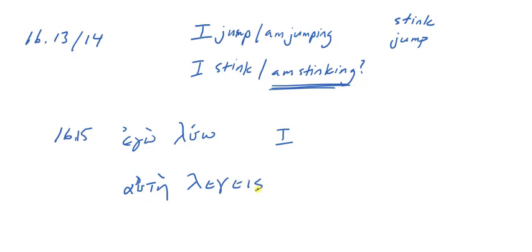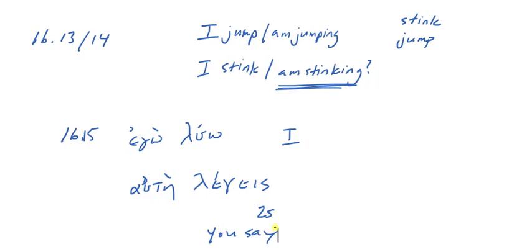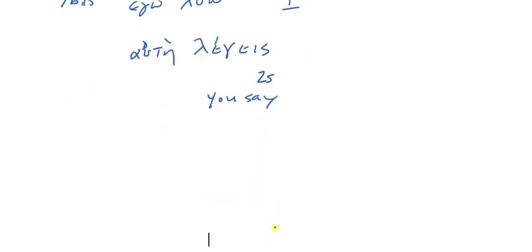Aute leges. Look at the form of leges. Which person and number is that? It's second singular. Okay, so who's performing the action? You. So leges means you say. What do I make of aute here?